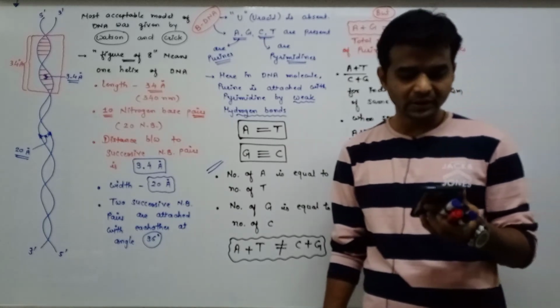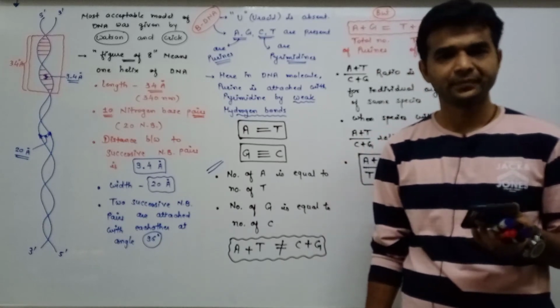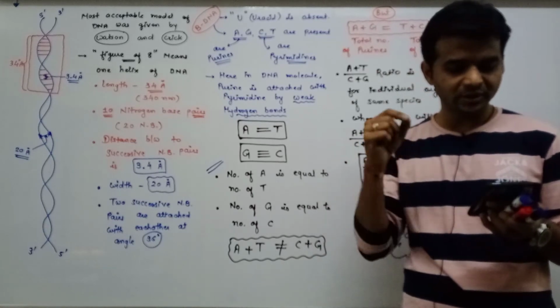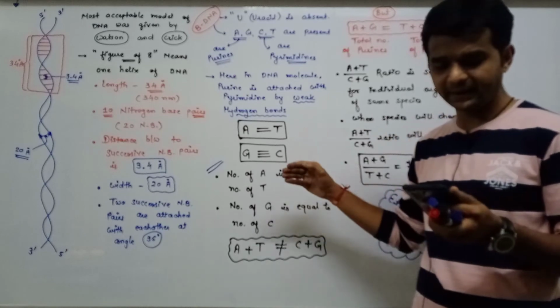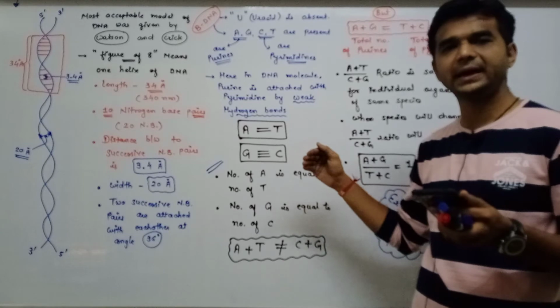There are two hydrogen bonds between A and T, and there are three hydrogen bonds between C and G.